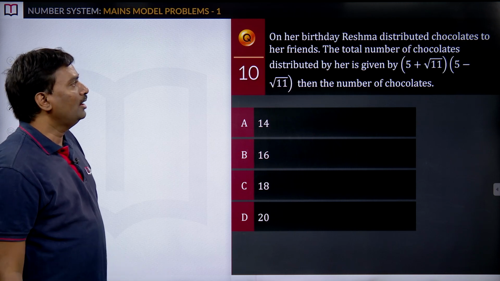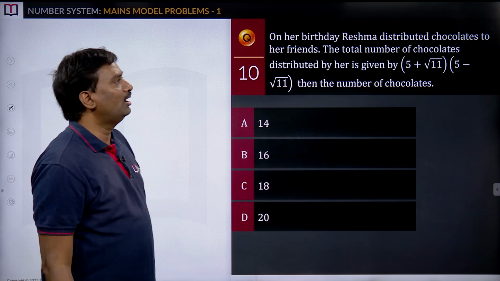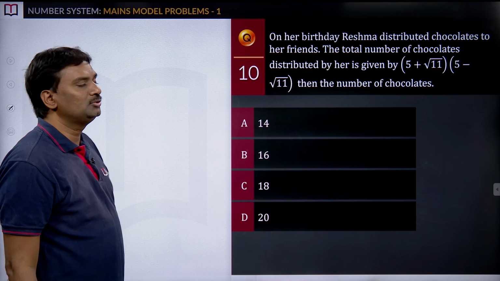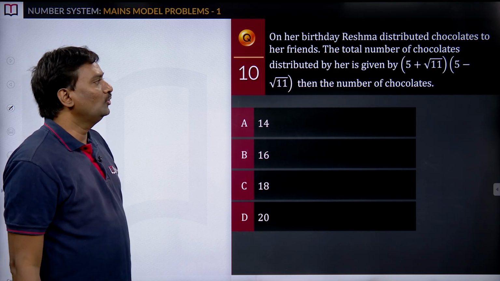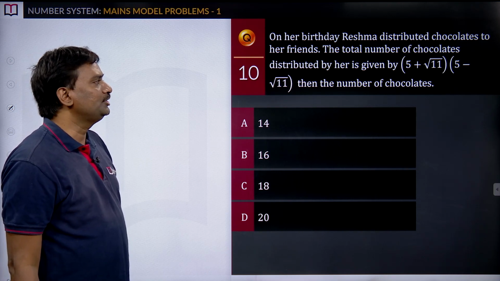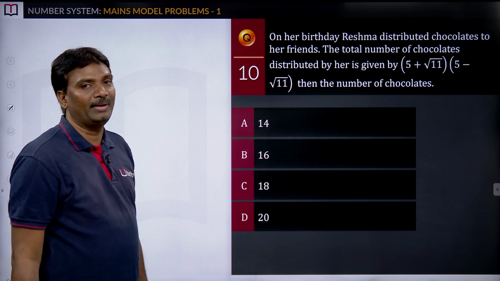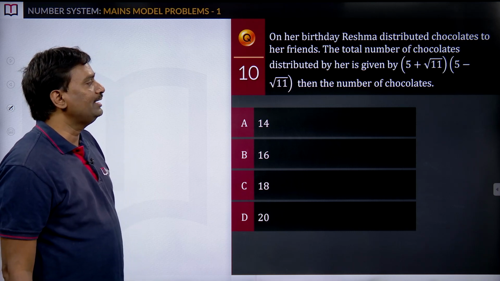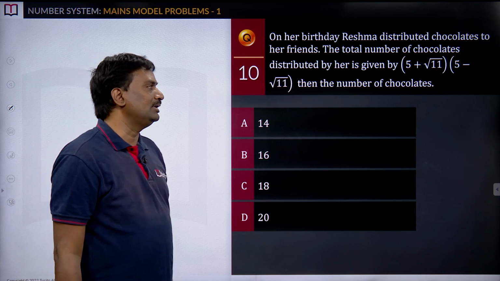On her birthday, Reshma distributed chocolates to her friends. The total number of chocolates distributed by her is given by (5 plus root 11) into (5 minus root 11).